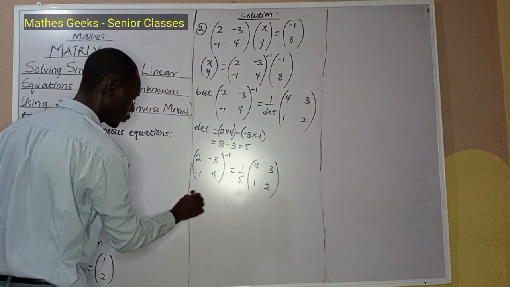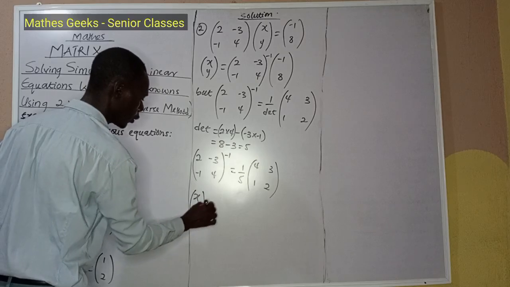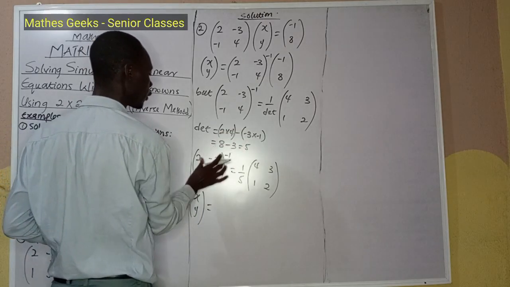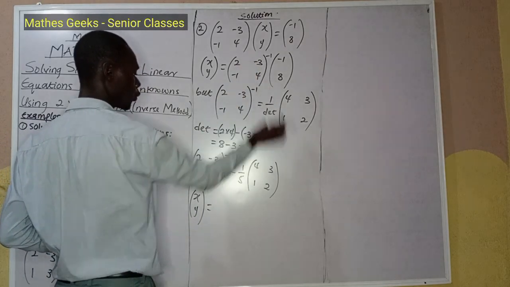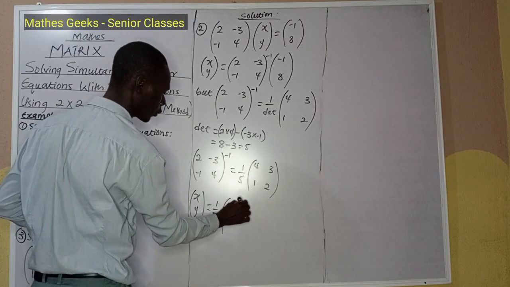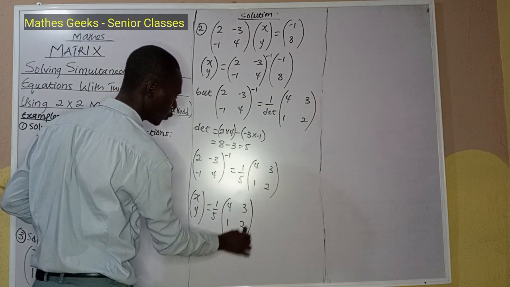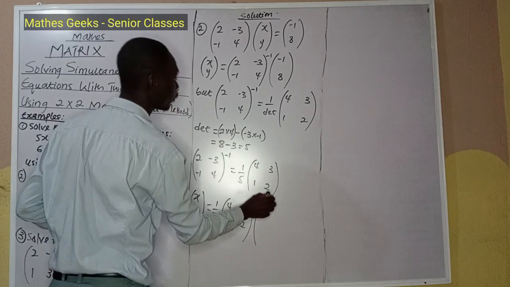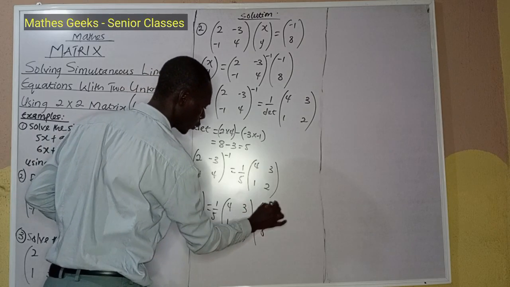So x, y is equal to, in place of this here, we put this 1 over 5, 4, 3, 1, 2, times minus 1, 8.